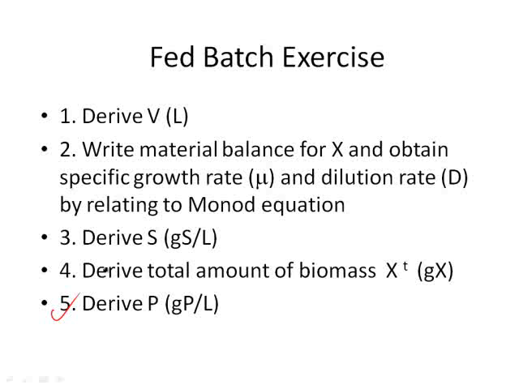Can you do that in batch? Yes. You can get as high as possible X. From X you get the P, right? But the X achieved from batch depends on how much initial S you have, right?